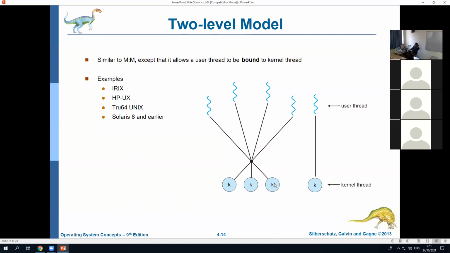Right. In this case you have 4 kernel threads. One is permanently matched to this thread. And here is a pool of user threads running on these 3 kernel threads. So we have 4 actually at the same time.